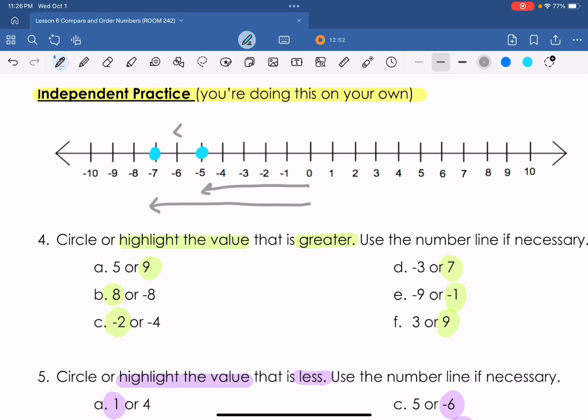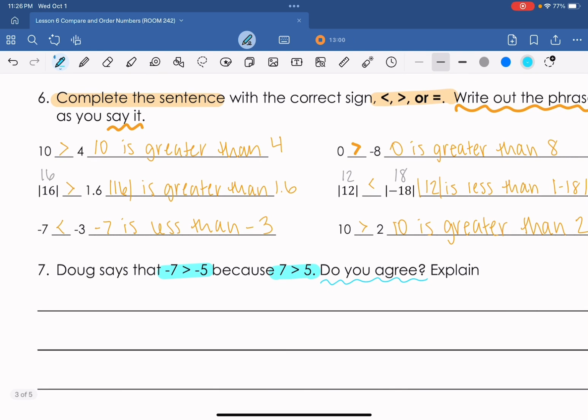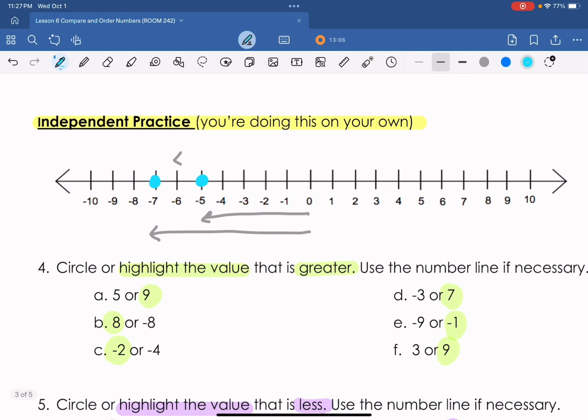But Doug is also saying that 7 is greater than 5. So let's see if that claim is true. I'm going to plot 7 and 5. Remember, the one that is greater is further to the right, and 7 is further to the right.